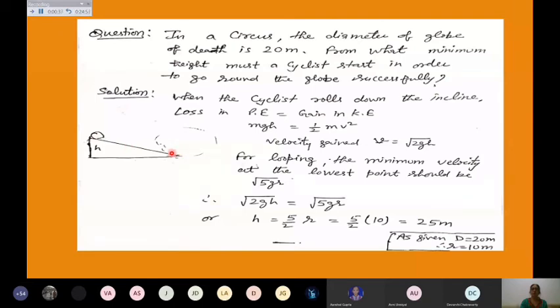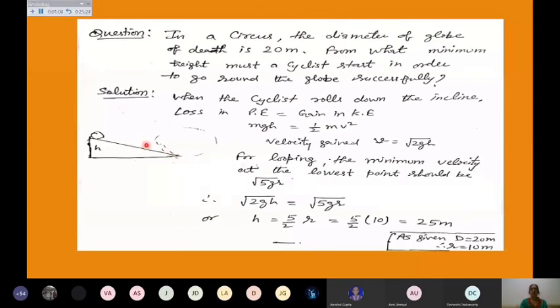That can be asked. So you can derive that if I am moving with velocity v at a height h, then when the cyclist is rolling down, the minimum velocity required at the bottom is square root of 5gr. So in terms of radius, what is the value of this velocity I want to find?